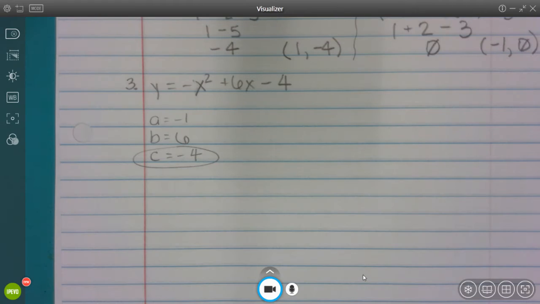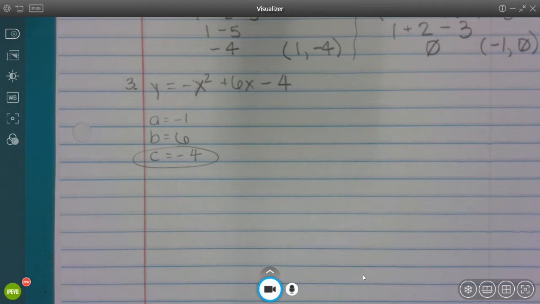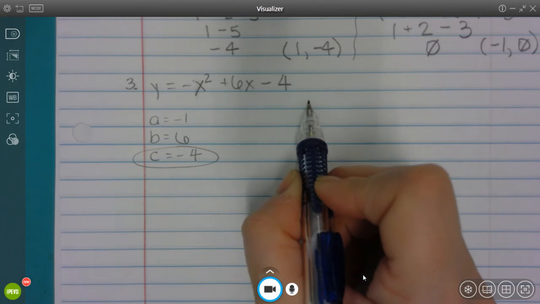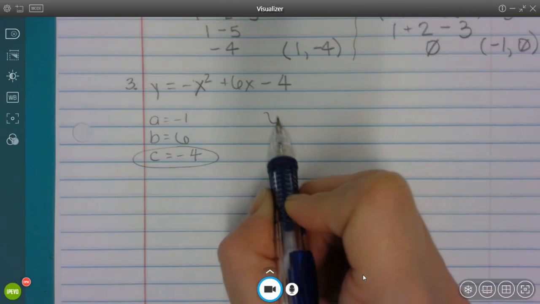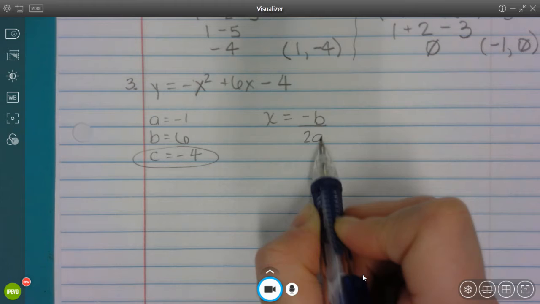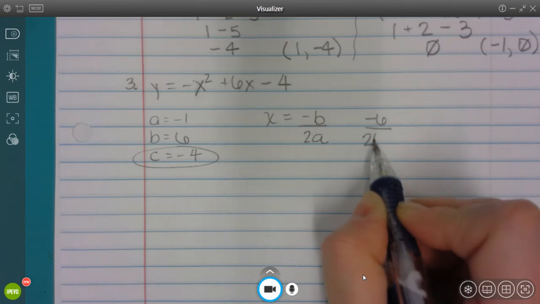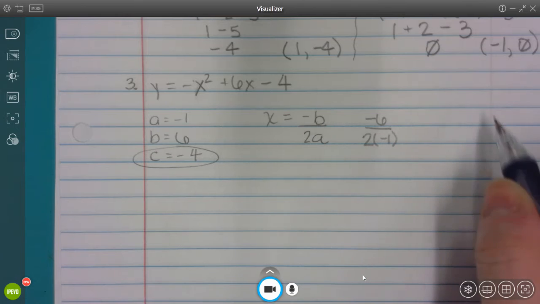I know I have to keep that c value tucked away in my brain because that's going to be my y-intercept. So to find my axis of symmetry, I'm going to look at -b/2a. So I'll have -6 divided by 2 times -1.